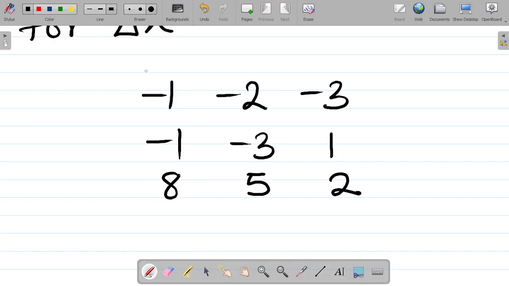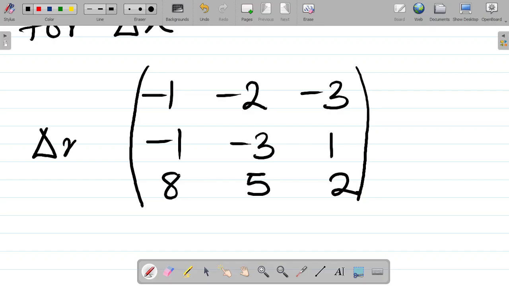All right, so let's encase this in brackets. So this is what we call lambda x. So lambda x is equal to this, all right?